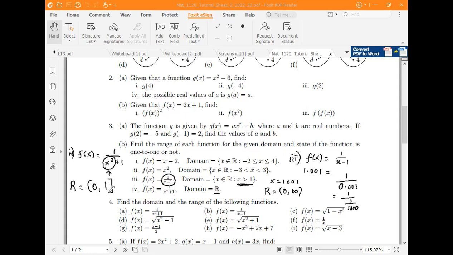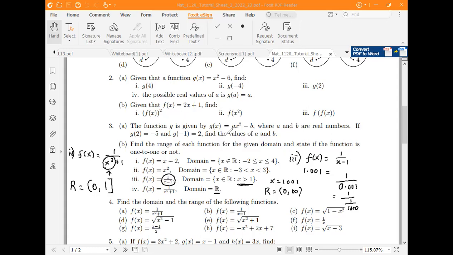So this one gives us a domain for 4A. The domain of 4A is this one here. It has been given already. The domain is all real numbers, and the range of this very one, again, is the one that you have found here. The one that will change is this, because initially we were given a restricted domain.